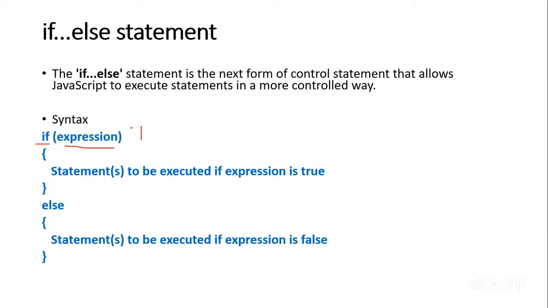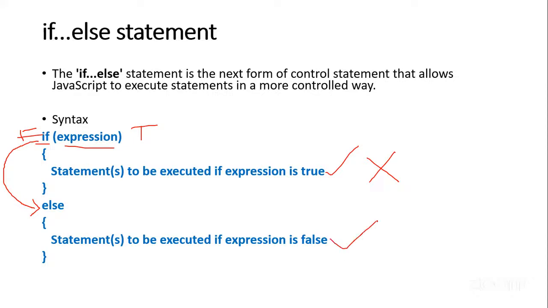If the condition is true, then this if block will be executed. If the condition becomes false, then the if block will be ignored. Directly, it redirects to the else part. In the else part, whatever statements you have, those will be executed.